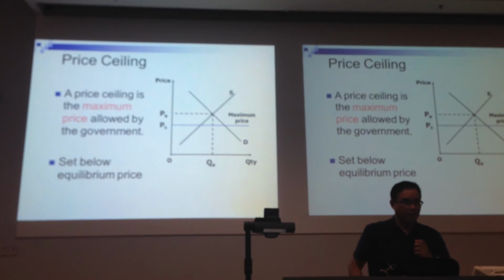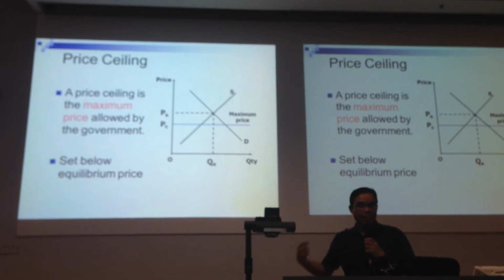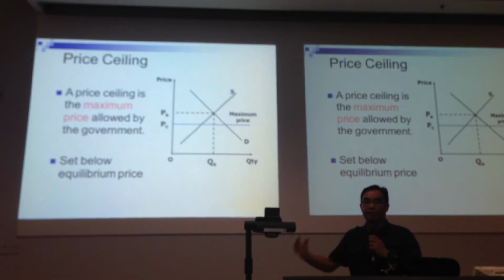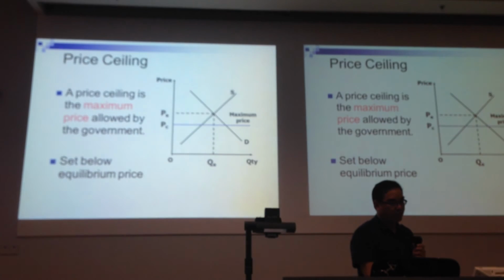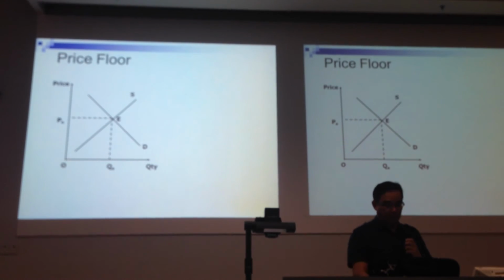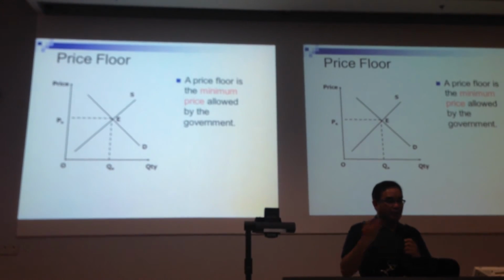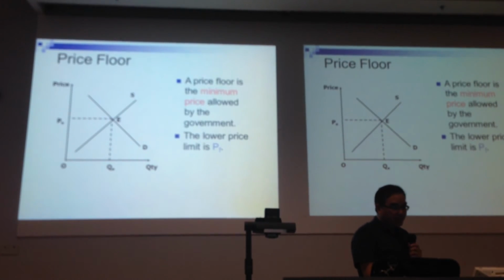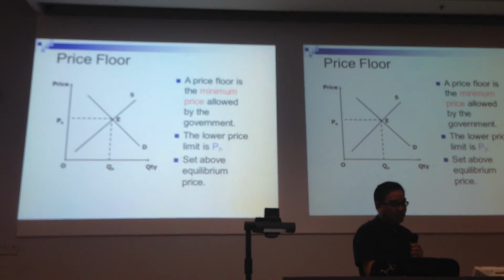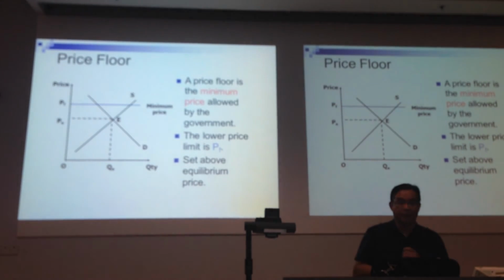So PC here is the price limit. It's also known as the maximum price. A price floor is the minimum price allowed by the government, and to be effective, it is set above the equilibrium price.